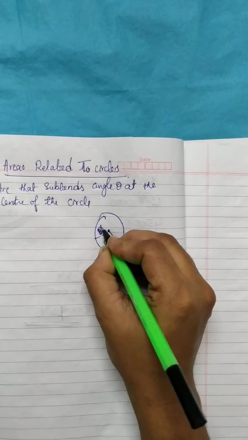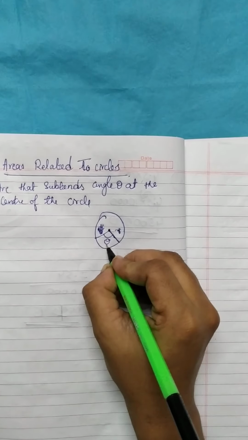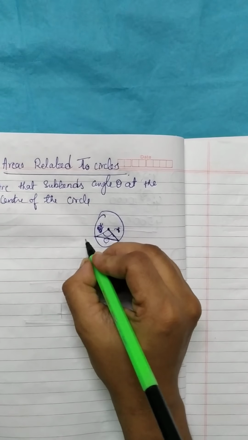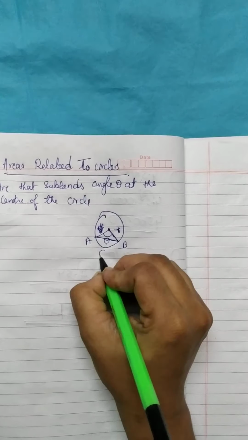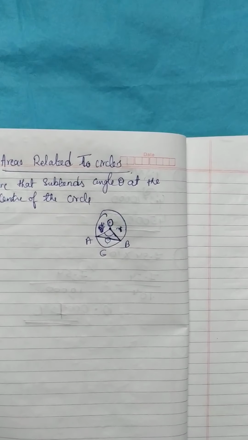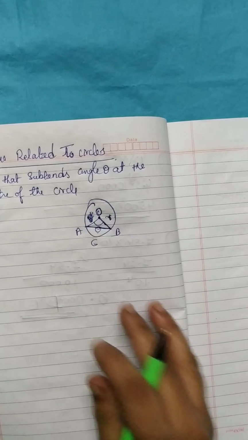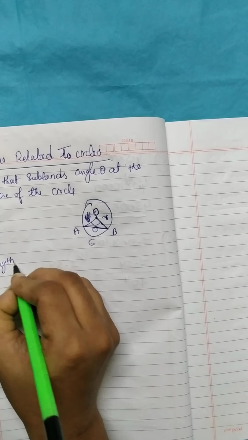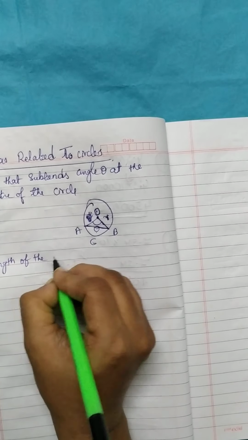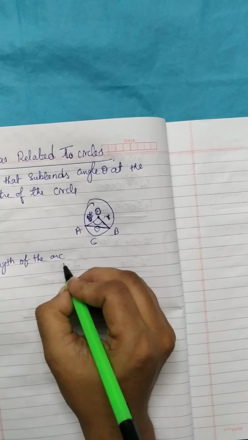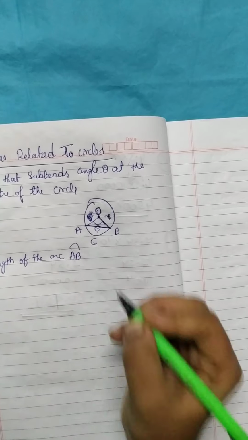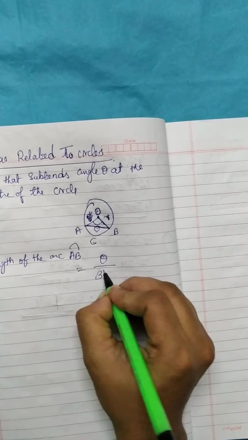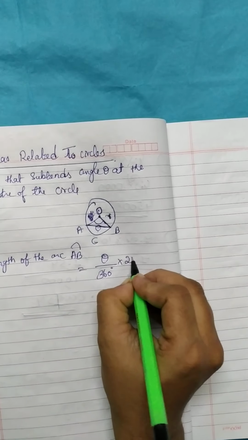Let the points be A, B, C, and this is O. So the length of the arc AB, arc AB is denoted like this. The formula is theta by 360 degree into 2 pi r.